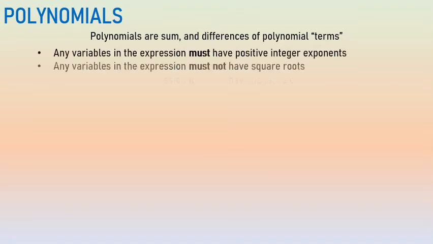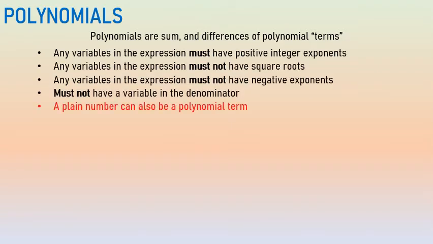And the following are the properties of a polynomial. It says here that any variables in the expression must have positive integer exponents. So for us to say that a function is a polynomial, it must have positive integer exponents.